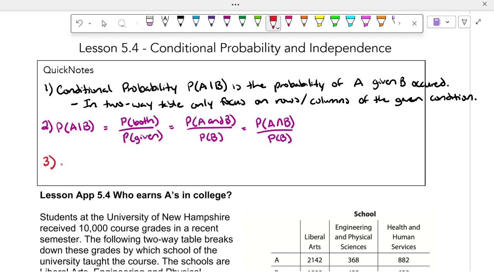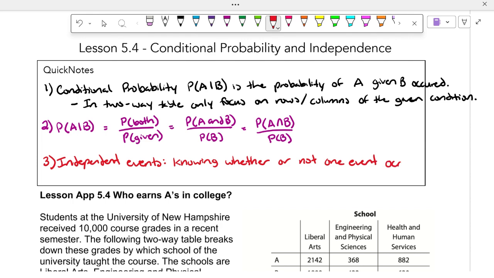And then lastly, independence. Events are independent if knowing whether or not one event occurs does not change the probability of the other event.